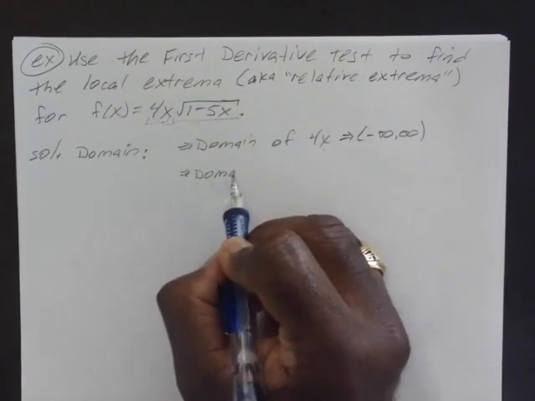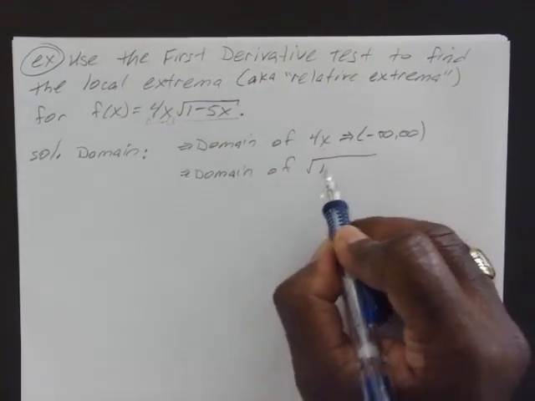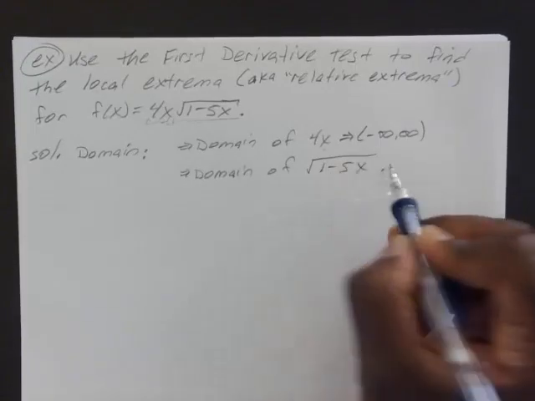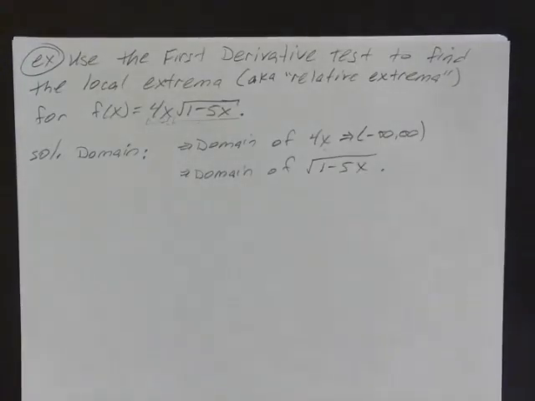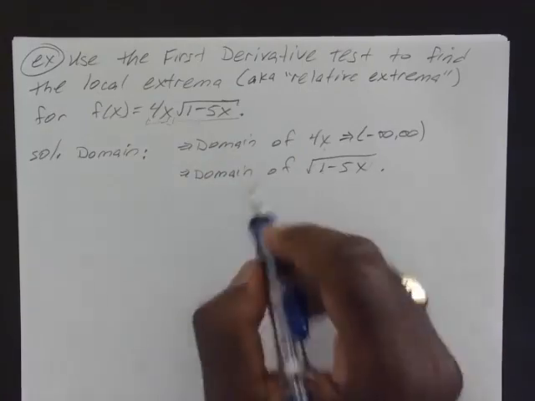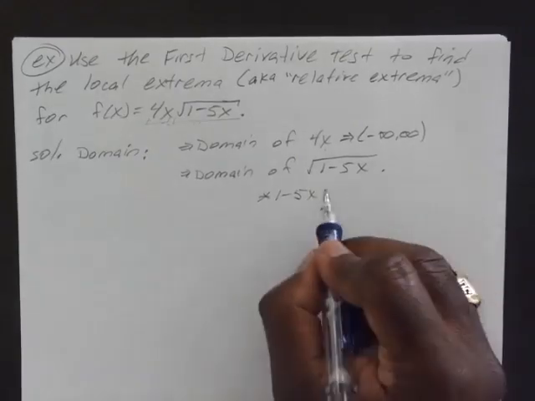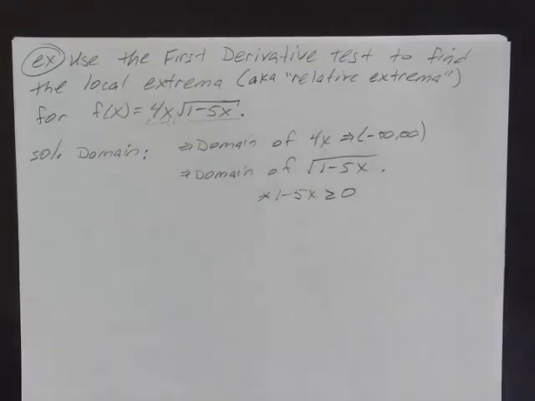And when we look at the domain of the square root of 1 minus 5x, well, since we're only dealing with real numbers, that means that this radicand would have to be greater than or equal to 0. So 1 minus 5x is greater than or equal to 0.